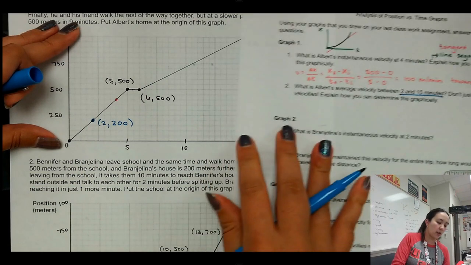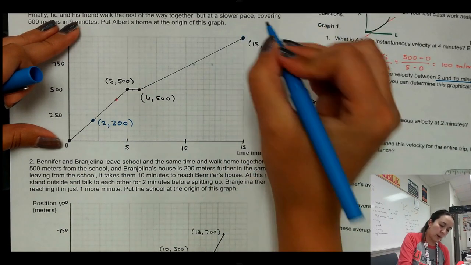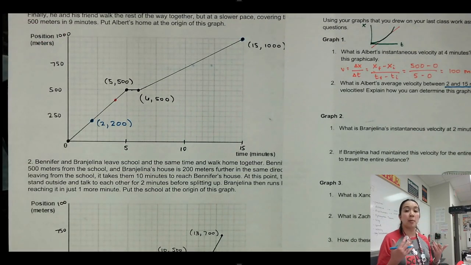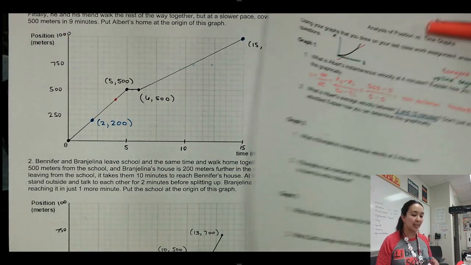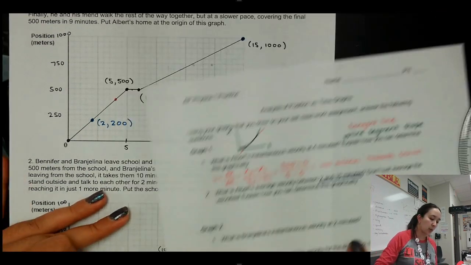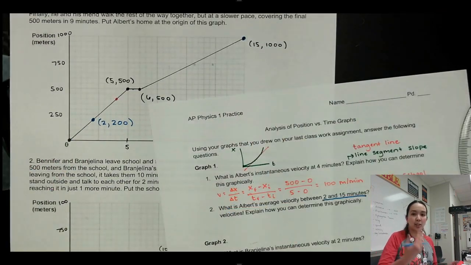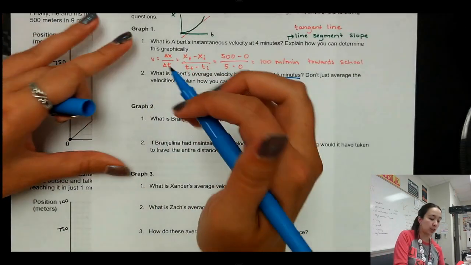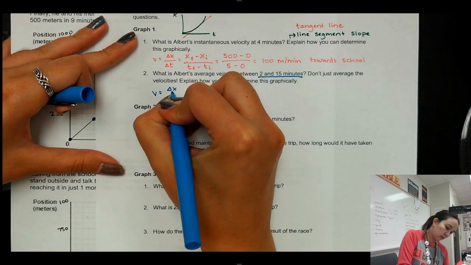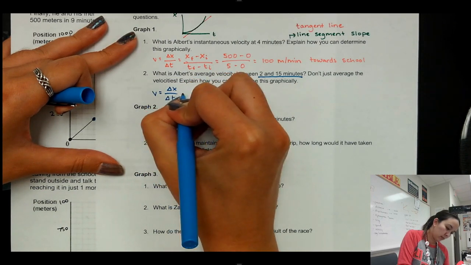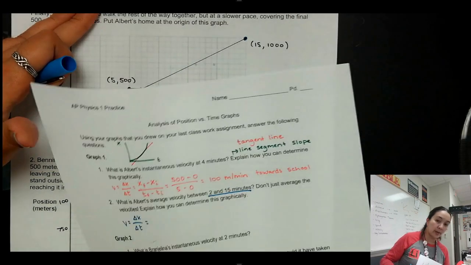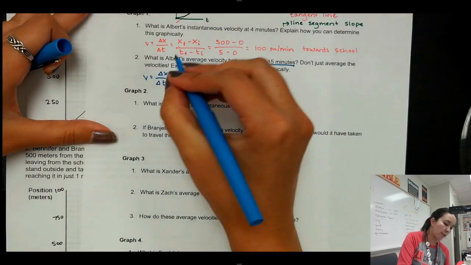So from time equals 2 to time equals 15, remember our definition of velocity: it is the change in displacement over the change in time. I can take these 2 ordered pairs and plug them into our velocity formula. At the end, Albert ended up 1,000 meters away from his house.